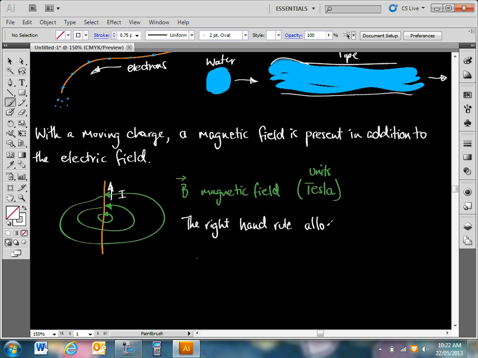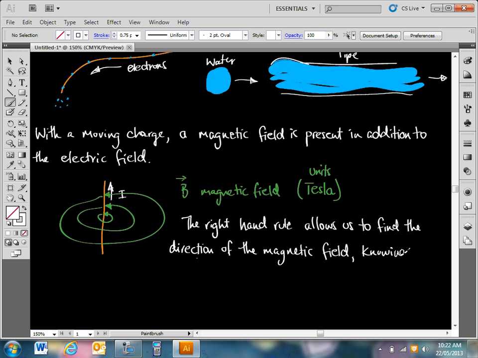It allows us to find the direction of the magnetic field, knowing the direction of the current.